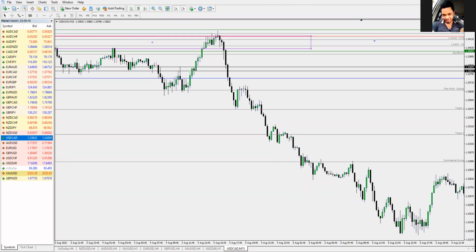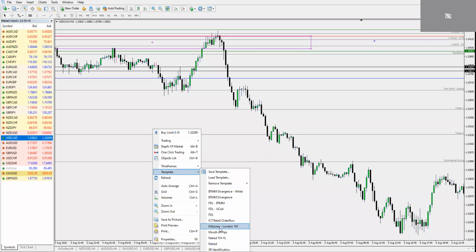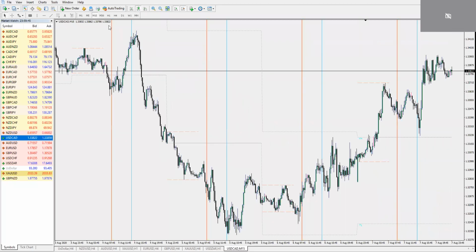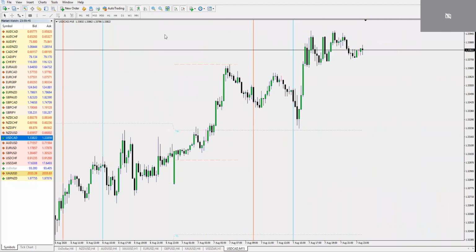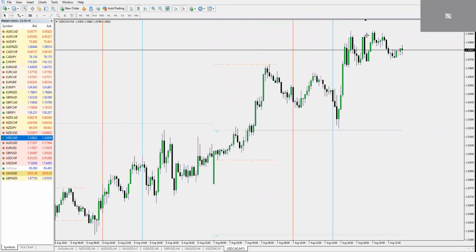Someone said, could you show us how you inserted the kill zone option? Was it only peculiar to your MetaTrader? Essentially, you just have the kill zones placed. This is just time over here. There's nothing essentially about it. This orange line represents 10 a.m., and you could put a vertical line at any time you want.